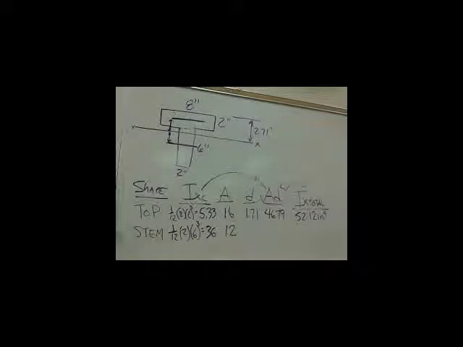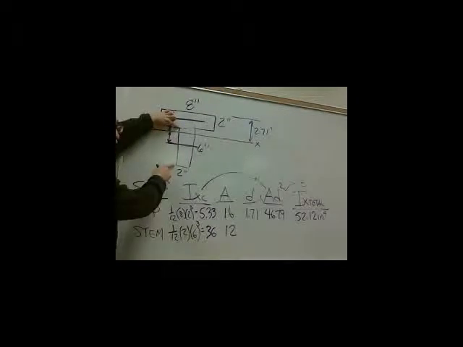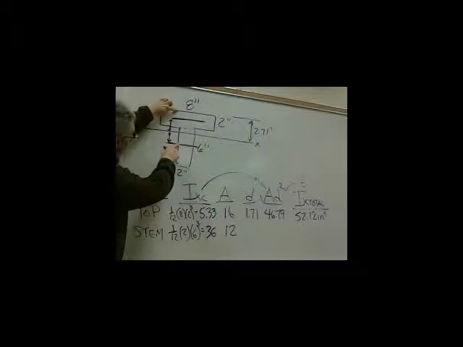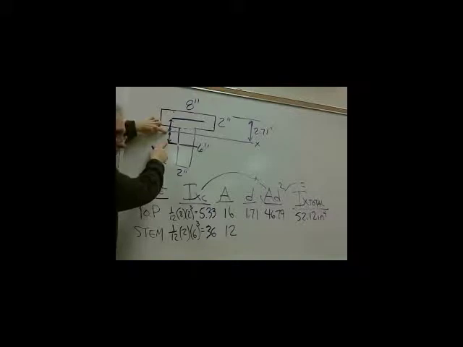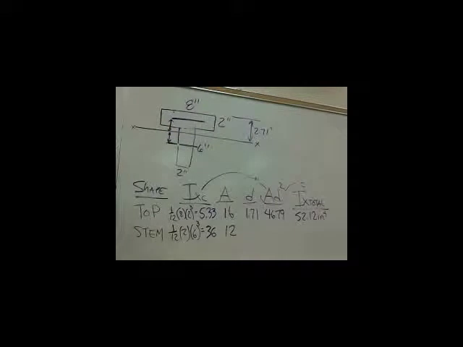Well, the way I might do it, you might say, well, the centroid here lies how far down into this 6-inch depth? 3. And if I go 3 plus 2, that'd be 5 inches down from the top. If I'm 5 inches down from the top, but I want the distance between here and here, it seemed like I'd take 5 minus the 2.71. How's that sound? That would give me 2.29.